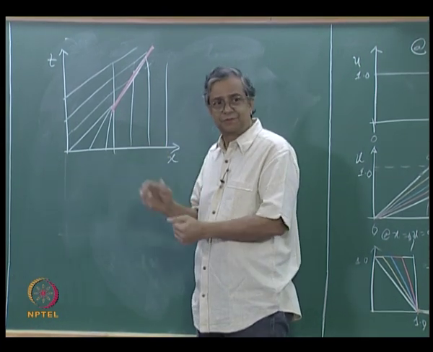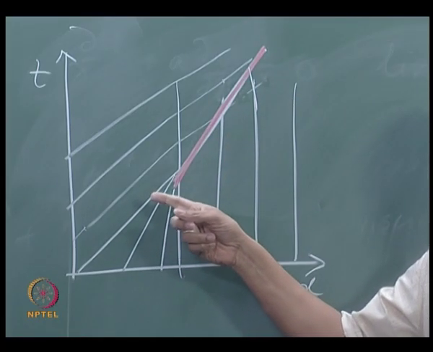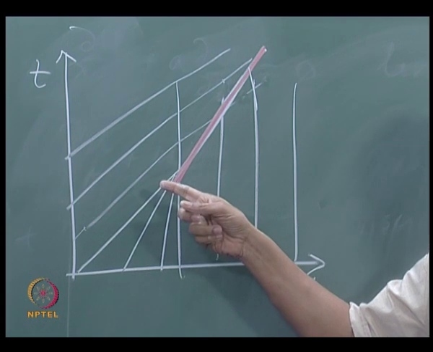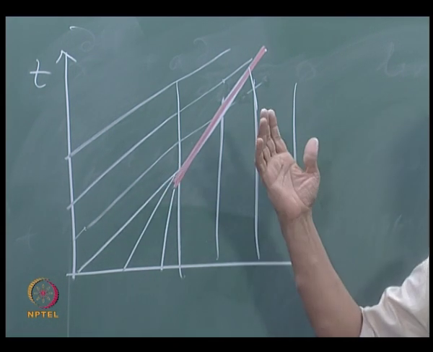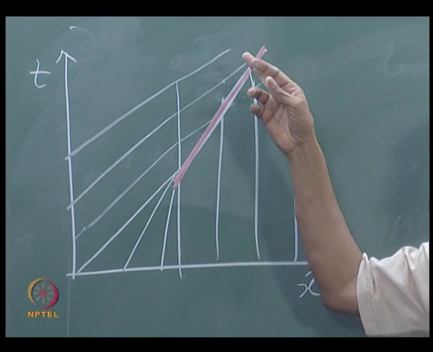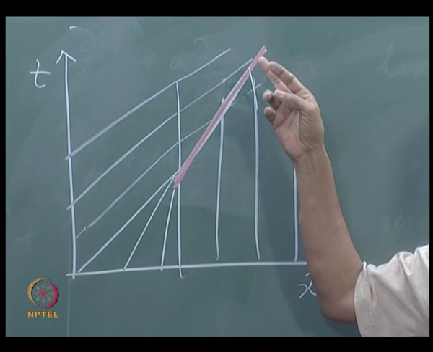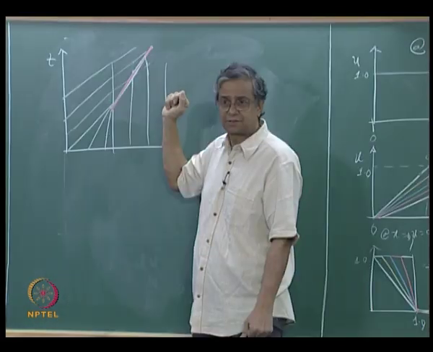Is there a way for us to find the propagation speed of the shock? Is the shock just located there, is it going to travel, is it going to be stationary? The way I have drawn it, the shock is going to travel.